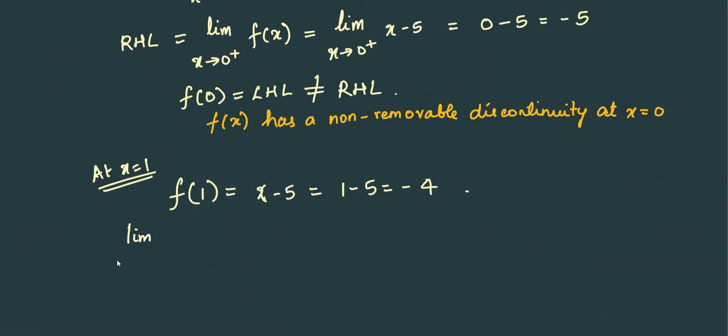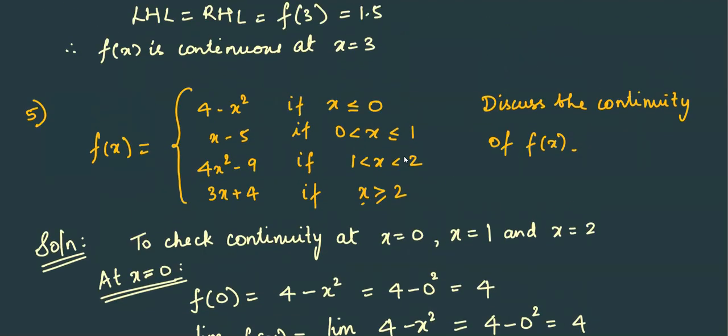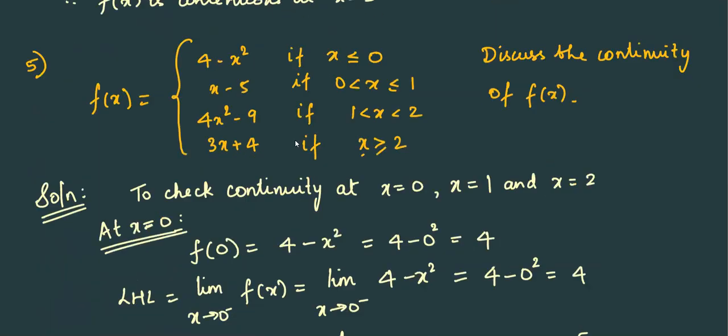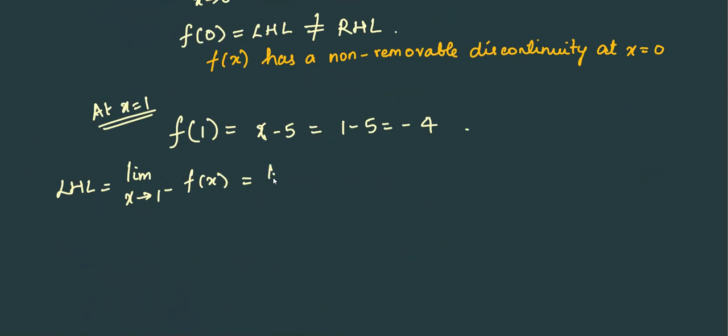Now left hand limit, x tends to 1 minus f of x. When x is less than 1, function is defined by x minus 5. So the value tends to 1 minus 5 equal to minus 4. Function value equal to minus 4, left hand limit tends to minus 4.